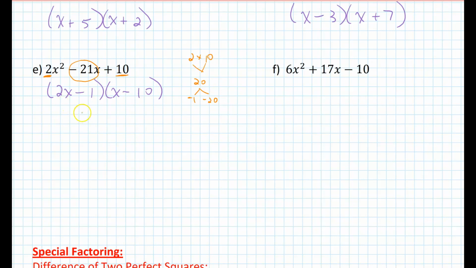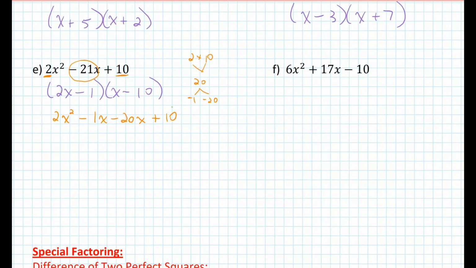Okay, so I'm going to split the middle term. So 2x squared minus 1x minus 20x plus 10. Okay. So again, have I changed the problem at all? No, I haven't changed anything. All I've done was restate the middle term into two different terms.